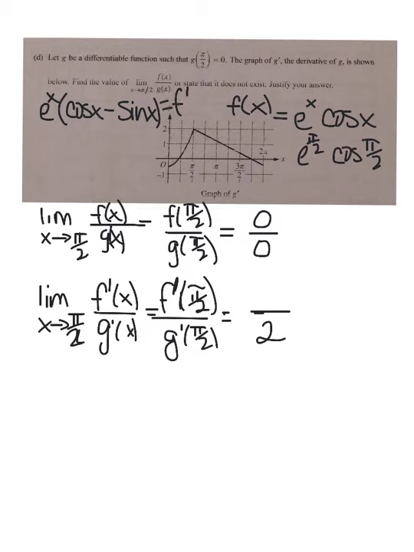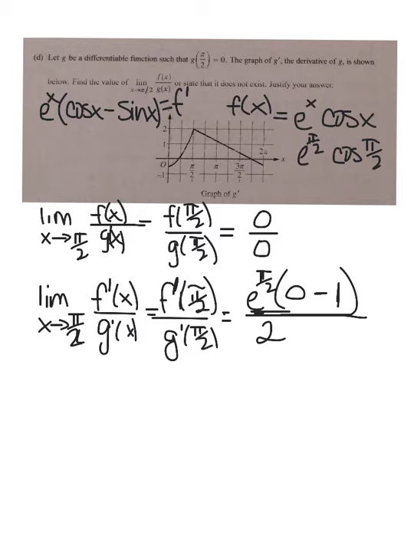Okay, so I'm going to plug in pi over 2. So that's going to give me e to the pi over 2, right, times the cosine of pi over 2, minus the sine of pi over 2. So what's the cosine of pi over 2? That's 0, minus the sine of pi over 2, which is 1.